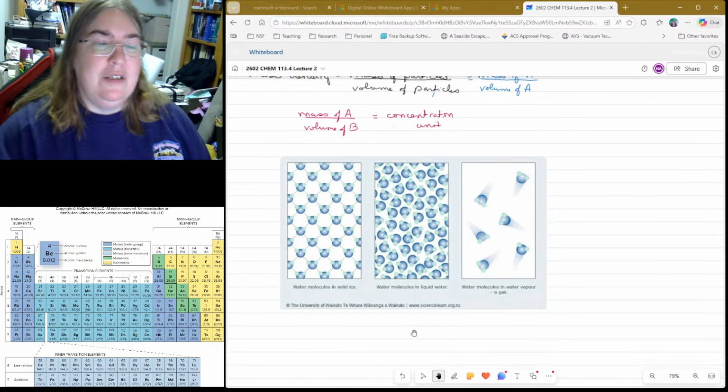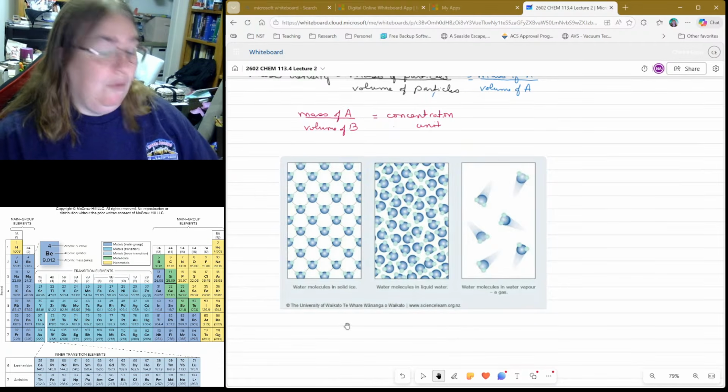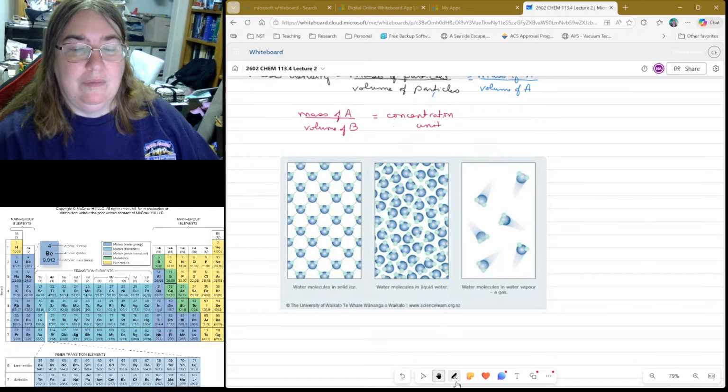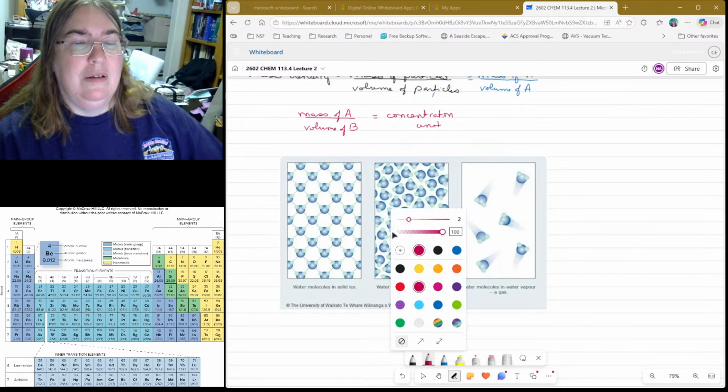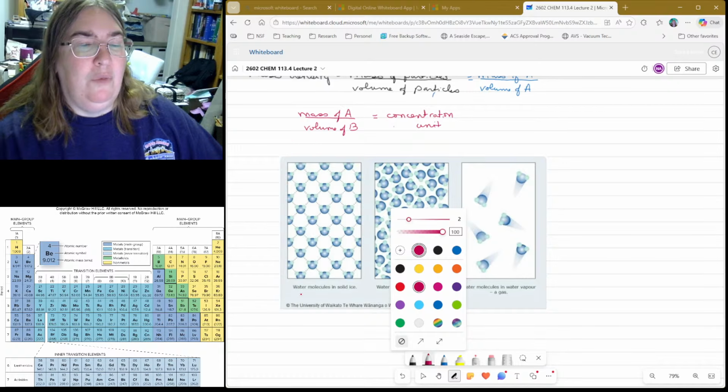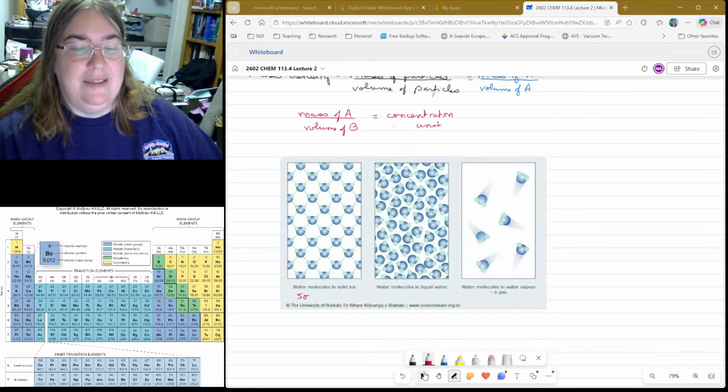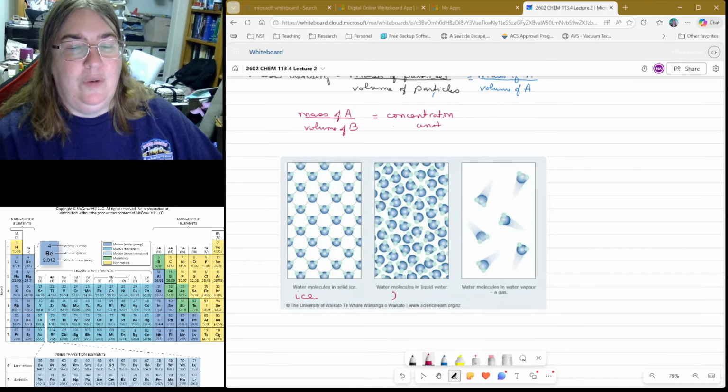So these are pictures of solid water, so ice, liquid, and gas, water vapor.